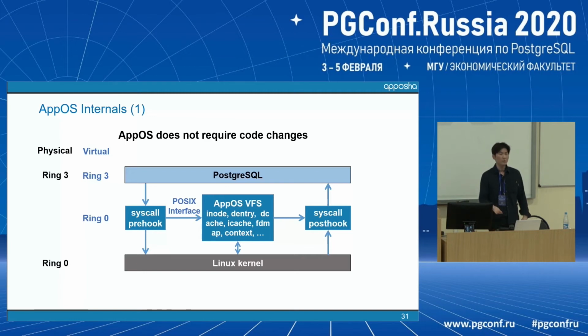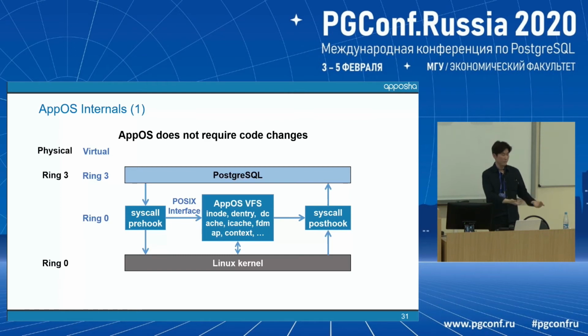So when PostgreSQL calls file-related system calls, they do not go directly to the Linux kernel. They go to our layer first. And since the VFS layer abstracts all the file-related stuff, we can provide a POSIX file interface like just open, read, write.